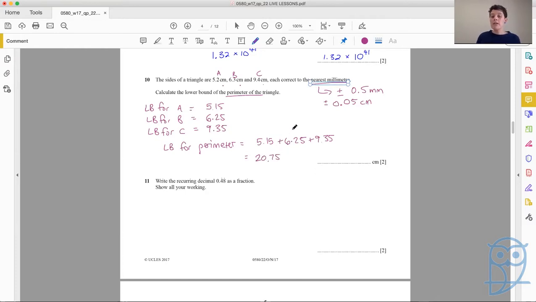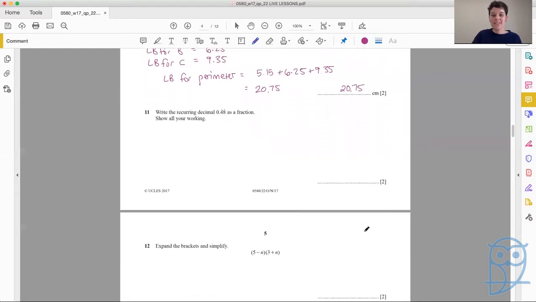And remember, normally we round our answers to 3 significant figures, but this is a bounds question. And when we're working with bounds, we want to be that extra level more exact. So our final answer here is 20.75 centimeters. That is the lower bound of the perimeter for the triangle.